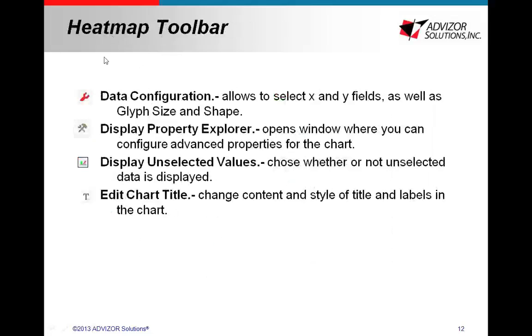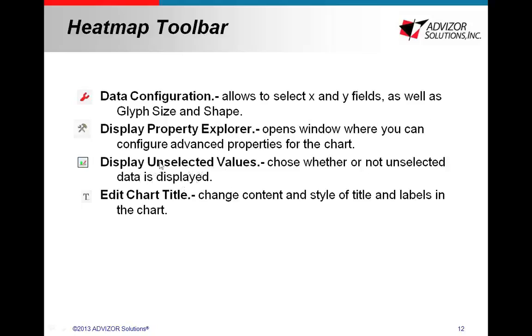And the heat map doesn't have as many options as the scatter plot, because you're already configuring a lot of the dimensions when you're setting up the chart. So we have the data configuration. Again, it brings back the wizard that we had when we created the chart, so that we can modify it. The Property Explorer has some of the more advanced properties, displaying the unselected values.